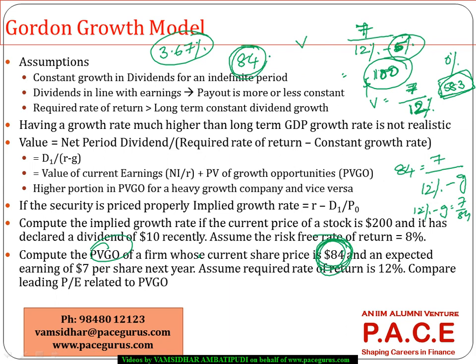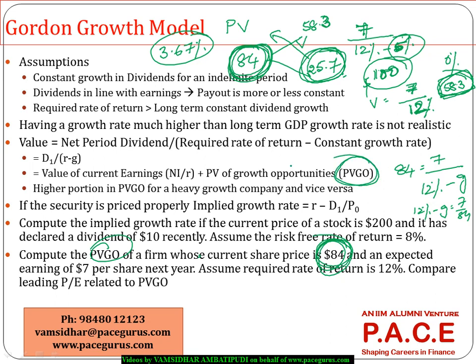Now the current value of 84 is composed of two things. In case there was no growth, it was worth only 58.3, whereas the remaining 25.7 extra is making the value 84. That excess 25.7 is what we call the present value of the growth opportunities for the firm.